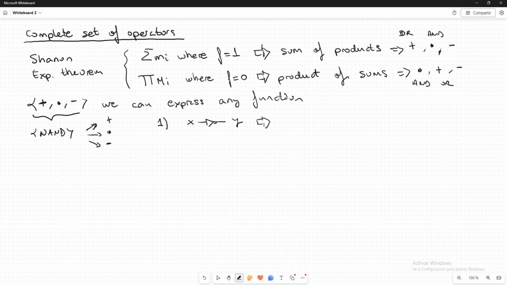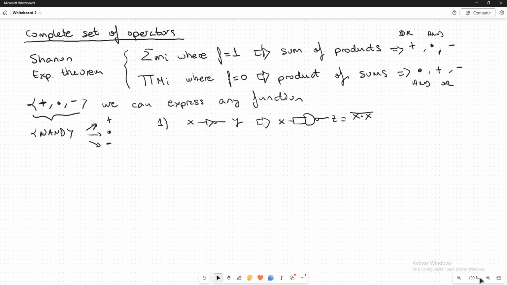If we have a NAND gate here and we connect the same variable to both inputs, we're going to have this. Remember that the NAND gate is just the complementation of the AND gate.